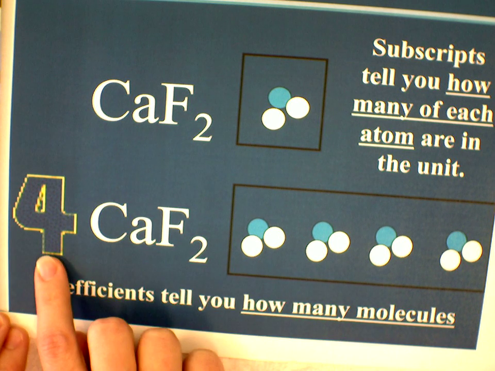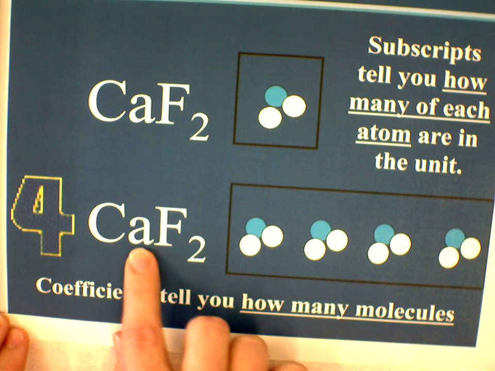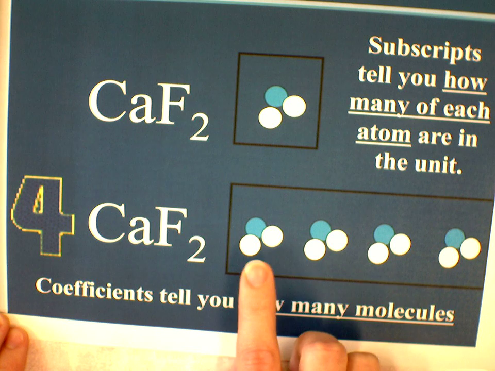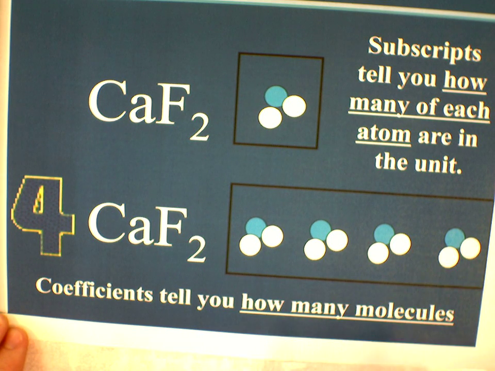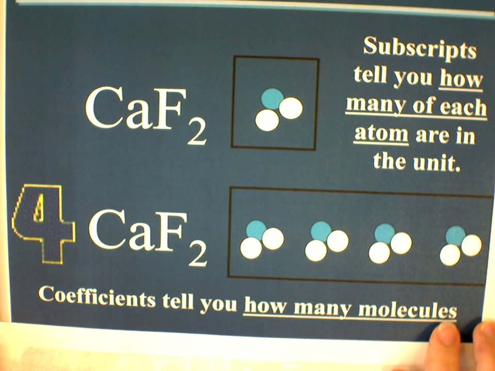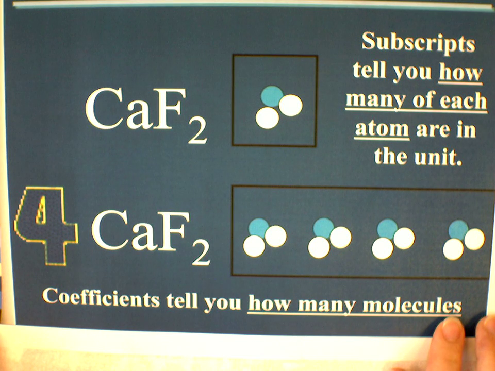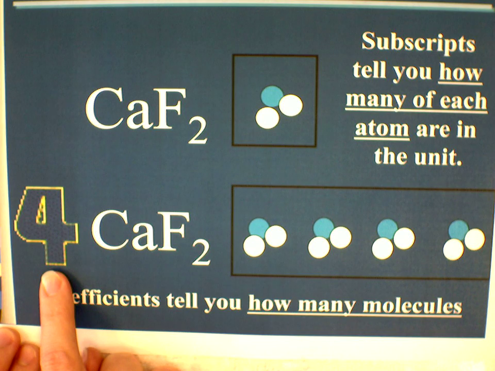So coefficients can change, subscripts cannot. When I have this 4 out in front of CaF2, that just means I have 4 units of calcium fluoride. Okay? So subscripts I have to keep the same regardless of what reaction I have. But coefficients can be different depending on what reaction I have.